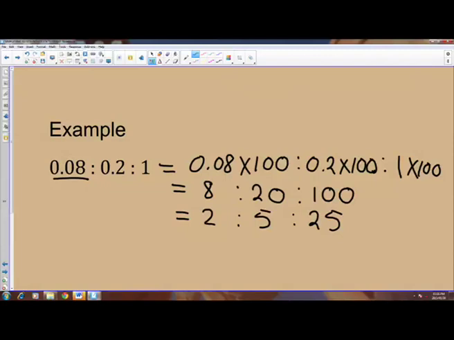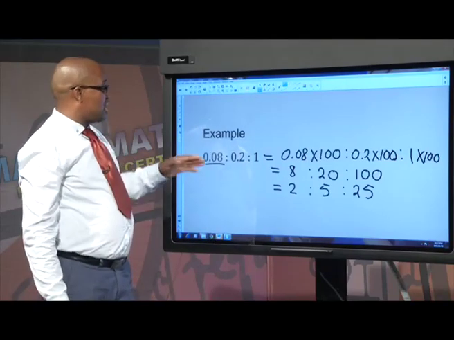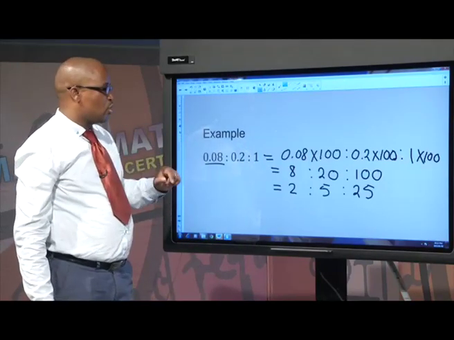The ratio is 2 is to 5 is to 25. This simply says when you simplify the ratio 0.08 is to 0.2 is to 1, the simplified version will be 2 is to 5 is to 25. This is how we simplify ratios. Every time, make sure that you convert the decimals into whole numbers.